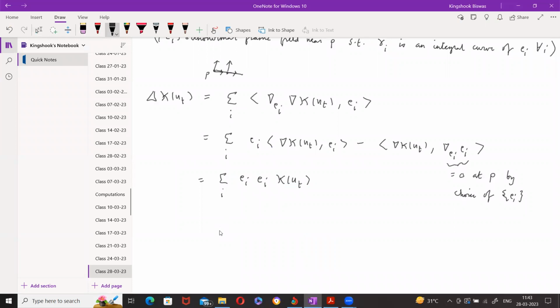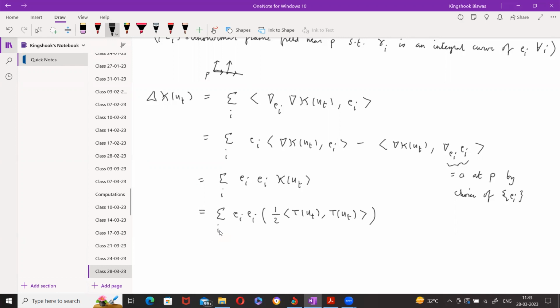And now I write what is kappa. Because ut is a solution of the heat flow, this kappa is half the norm squared of del u del t, but del u del t is the same as tau ut. So this is half the inner product of tau ut with itself.